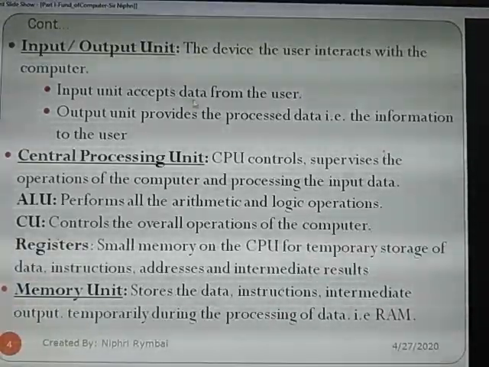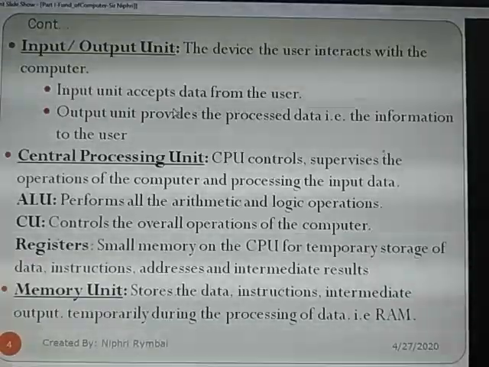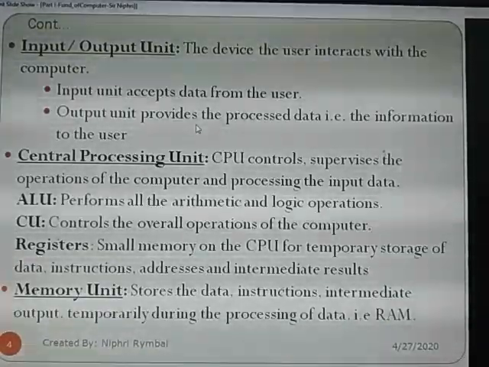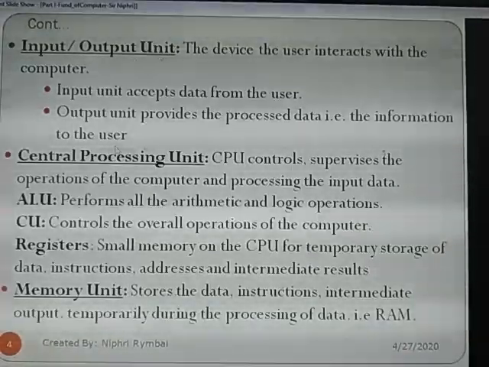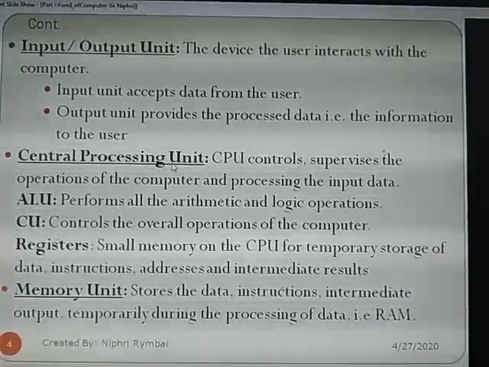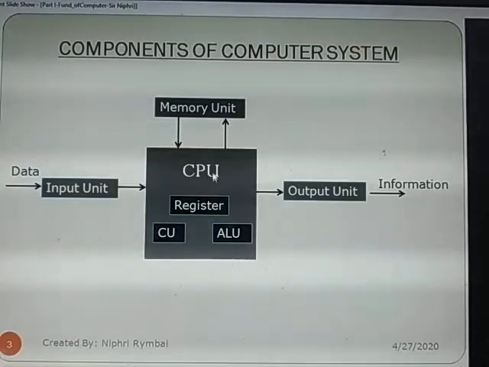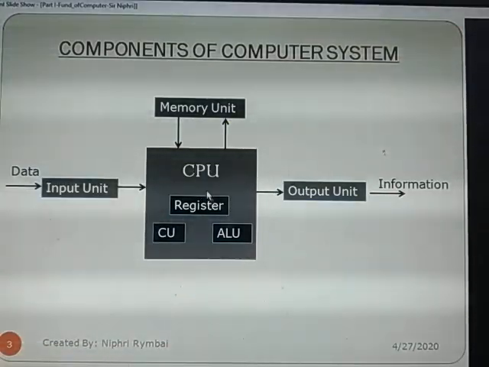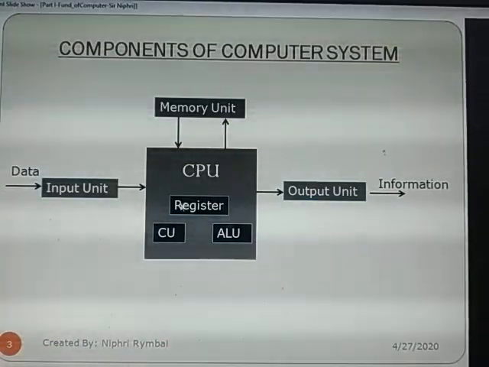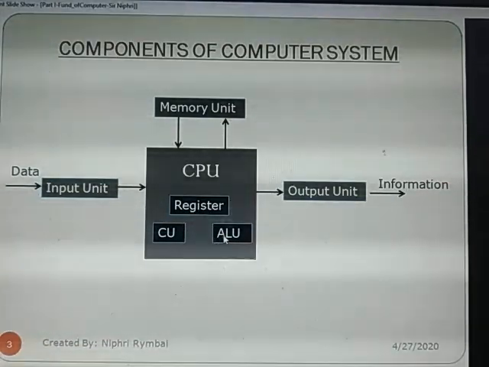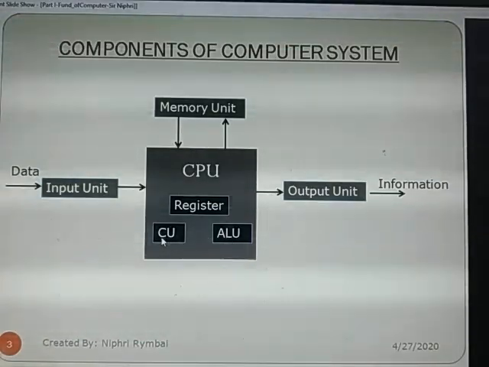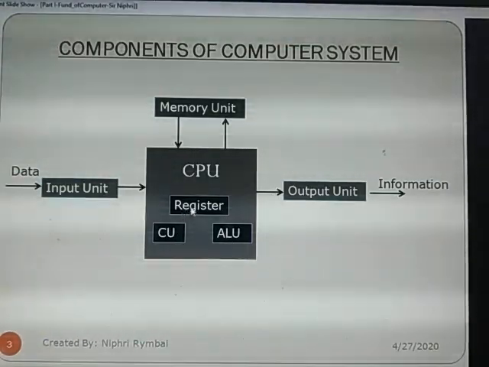An input unit accepts data from the user, while the output unit provides the output information to the user. The central processing unit, which is shown in this diagram, again has inside it three parts: the ALU, arithmetic and logic unit, the CU, control unit, and register.